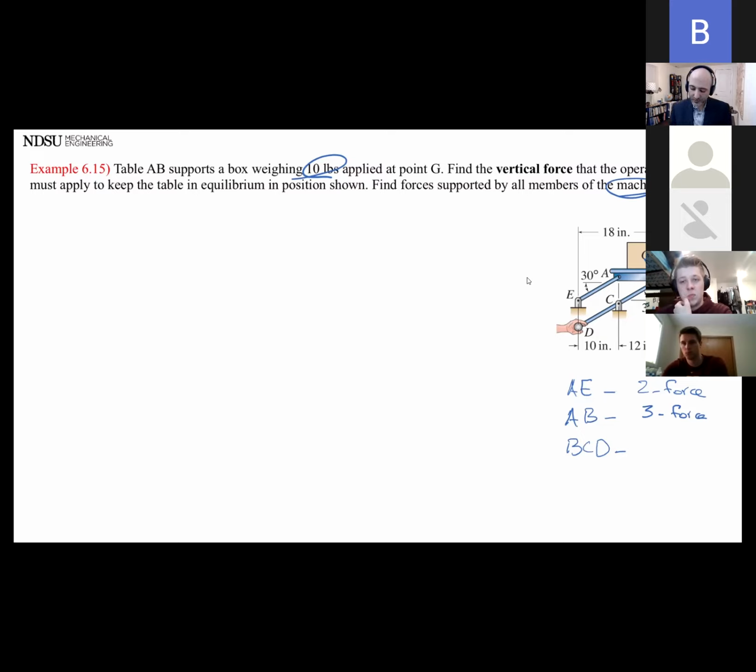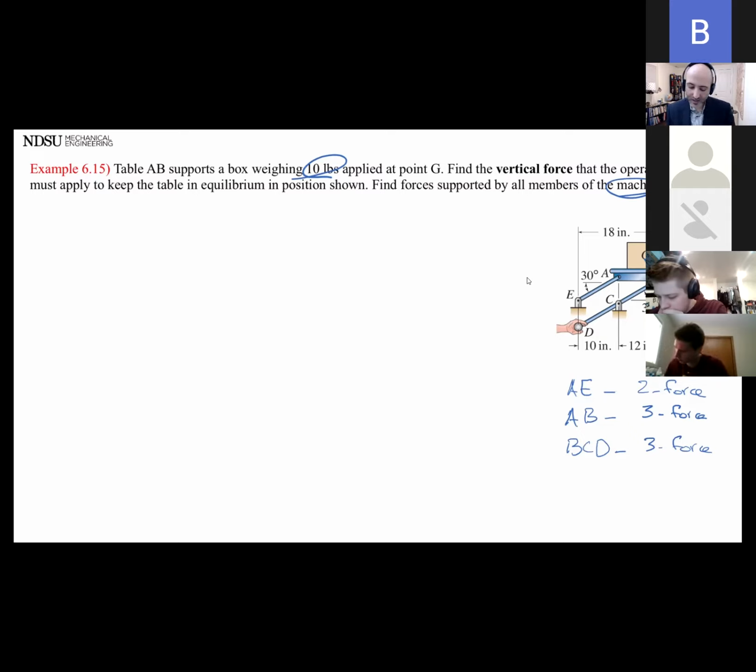So that one is also a 3-force member because it has a pin in the middle of it. Okay. So I have 2-force members, I have 3-force members. So is this a frame or a machine? I think it's a machine because the person is applying some force. It's going to transfer the load and kind of maybe lift that box.